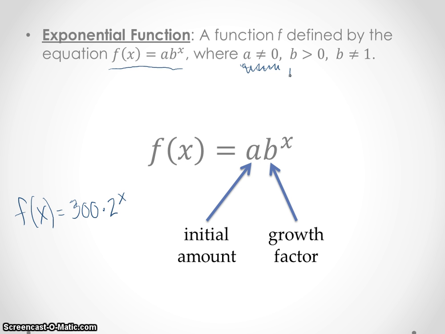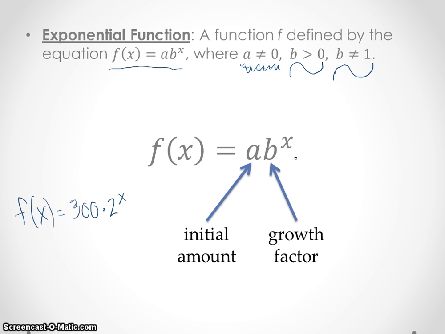Okay, now let's move over to b. There's 2 restrictions on b, and b has got to be positive, okay, because of your growth factor. You think about it this way. If we put a negative number in here, and we took all powers of it, every other power would alternate, because we have even powers. That gives us a positive result here. If we have odd powers, that's going to give us a negative result here.